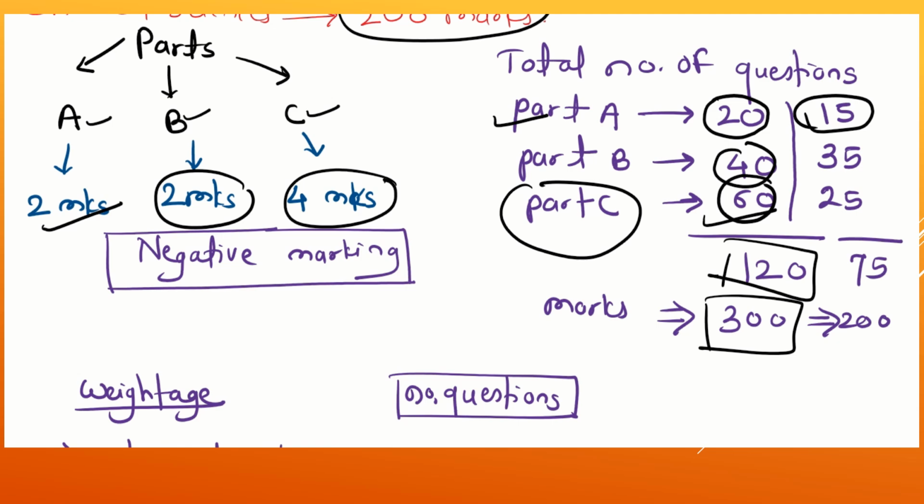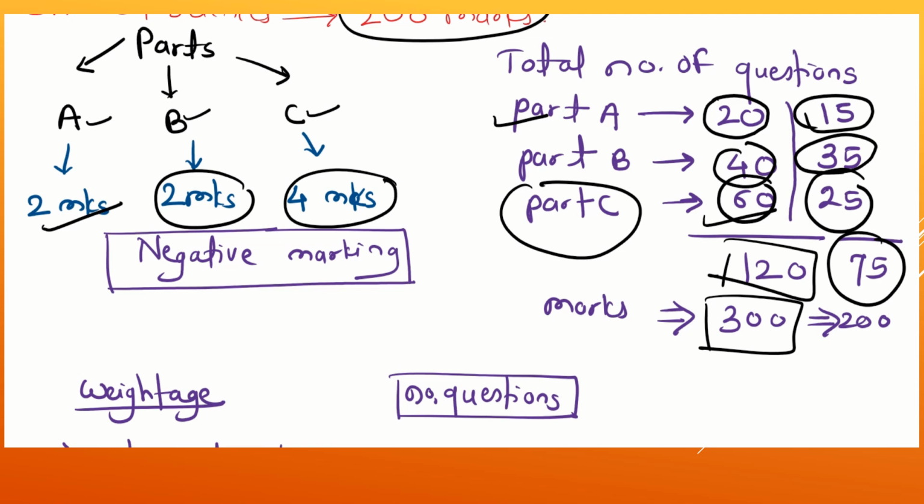From Part B only 35, and from Part C only 25. You have to select wisely which questions to solve, so that you can get the correct answer. If you are confident enough about the question, only then solve it. In the end you are solving 75 questions, and that is for 200 marks.